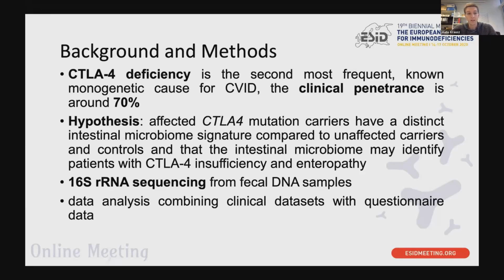So we have the questions: what determines the penetrance and the expressivity of the disease? To approach this, we divided CTLA-4 mutation carriers into 2 groups, affected and unaffected mutation carriers, and collected samples from them.